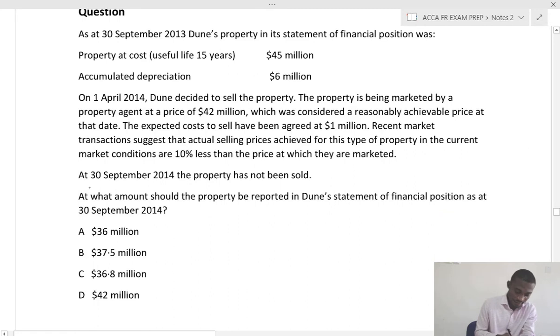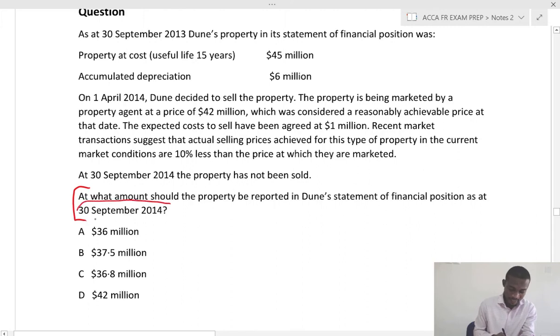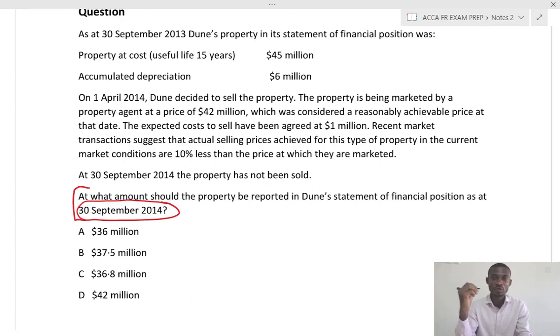Starting with the requirement. At what amount should a property be reported in Don's statement of financial position as at 30th September 2014? As I've always indicated, you need to know the dates: the reporting date, transaction date, and so on.